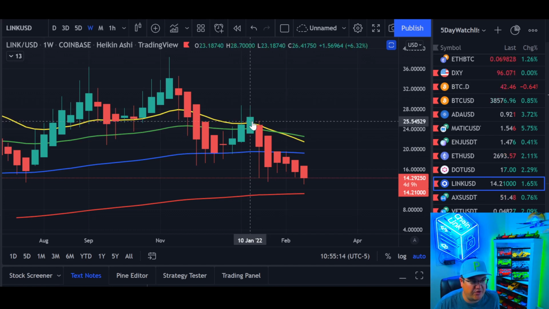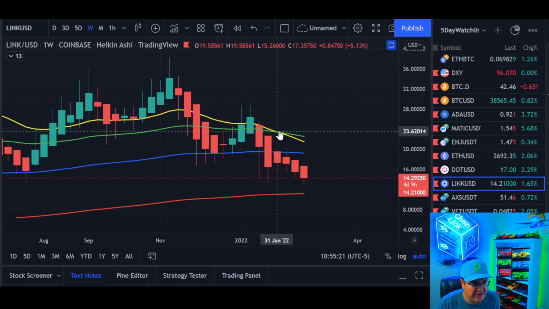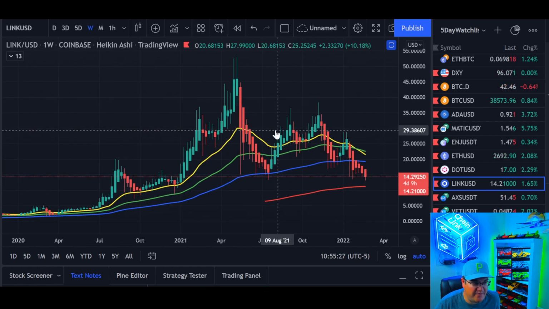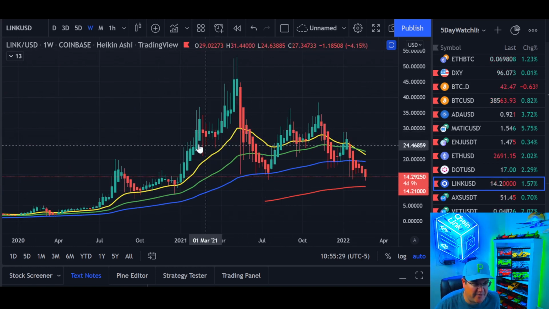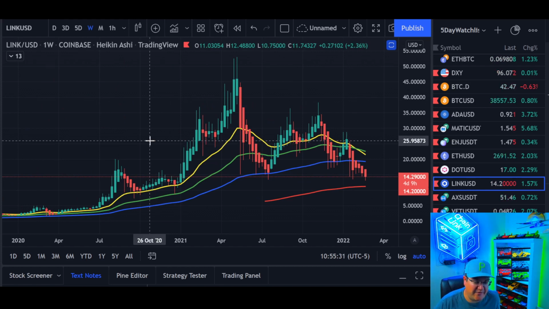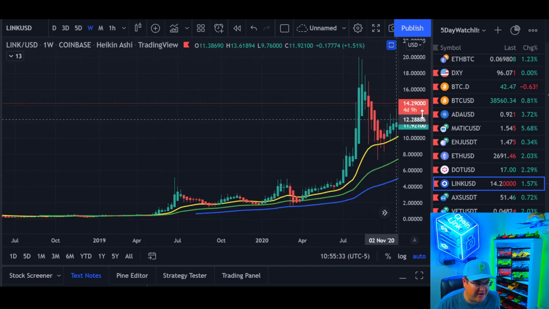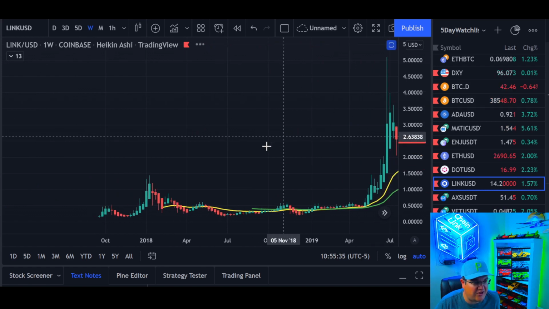And then we need to close a couple candles above our 21 week, which unfortunately just crossed the 50 week. You might say, well, why? What does that matter? Well, if you zoom out, it's the first time in Chainlink's history that we've had that happen. Now, you might say, well, that sounds really bad. Well, we haven't had it around that long.